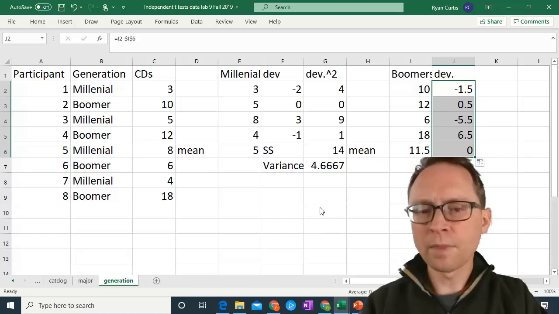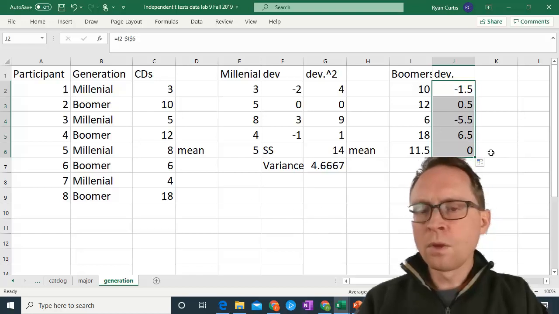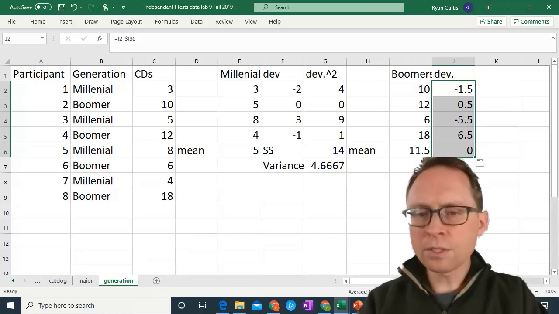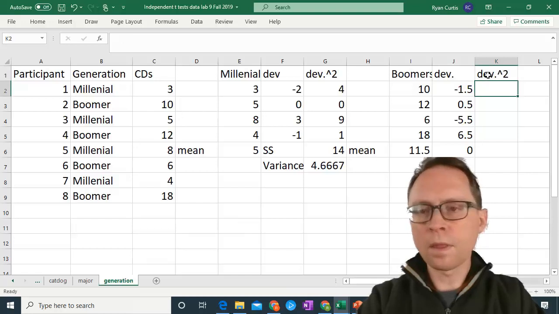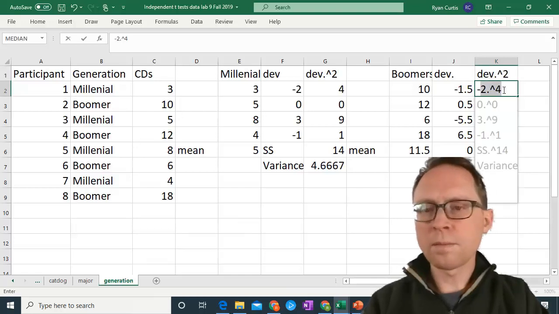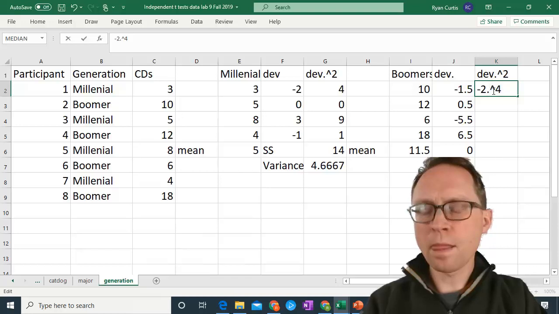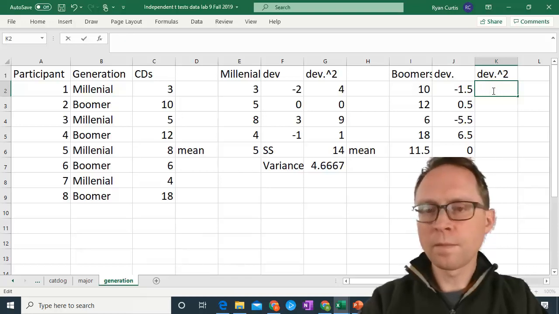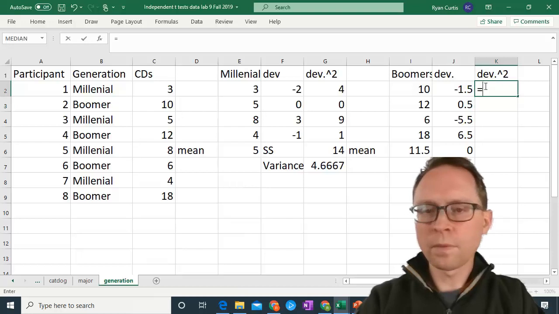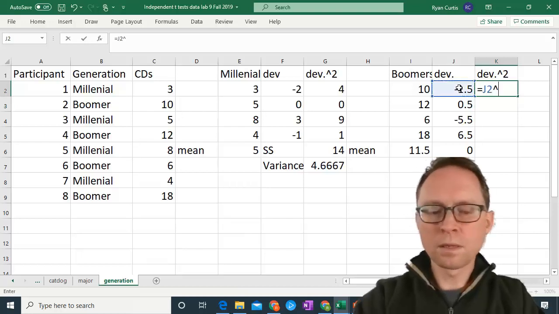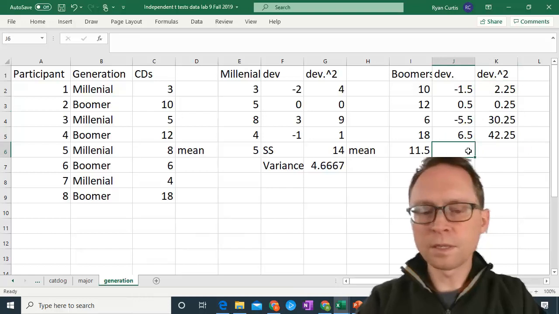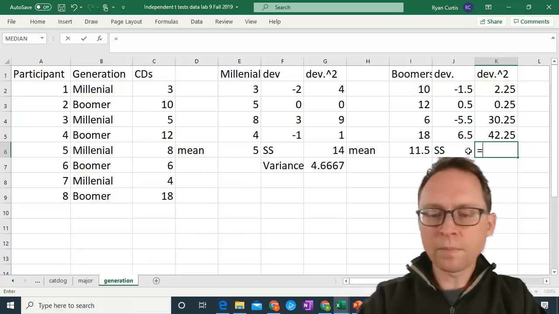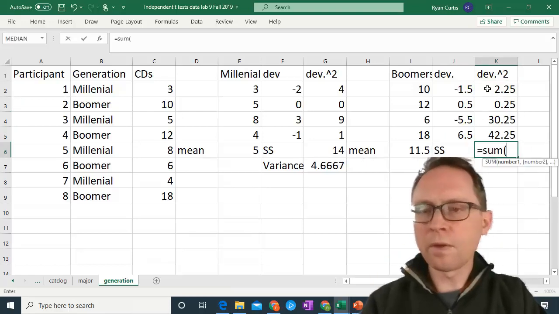Okay, great. Now we look at those, and those are our deviations. Now we need the deviation squared, which is this squared. We do all of them, and we get this. Let's get rid of that one, because that doesn't exist. The sum of squares then is the sum of those.